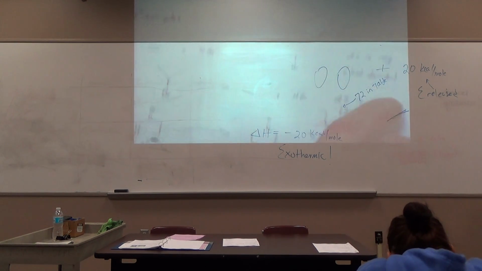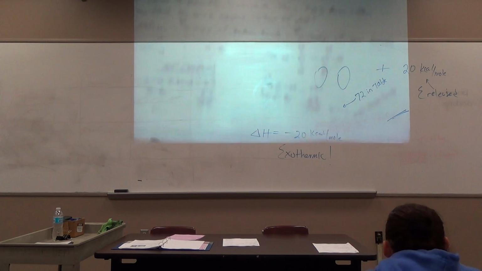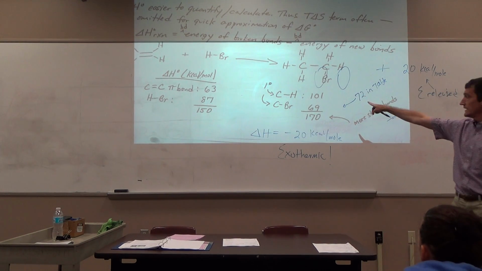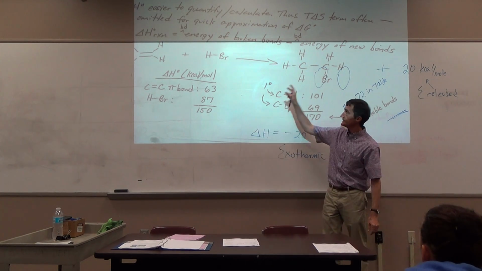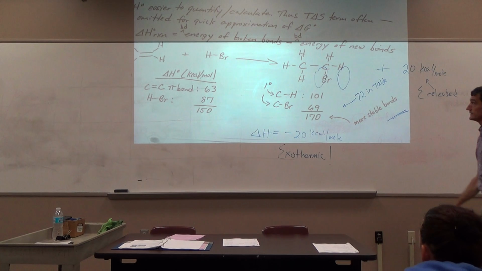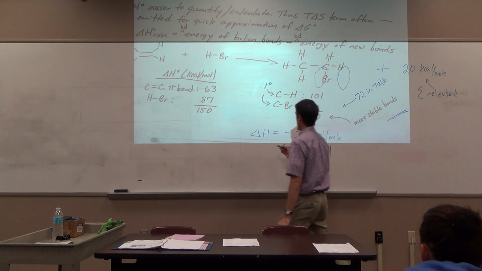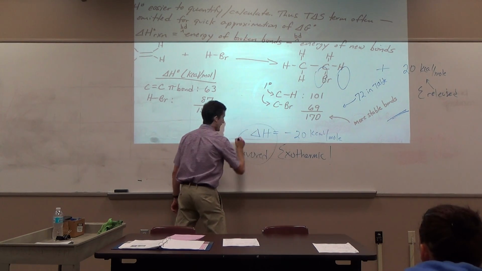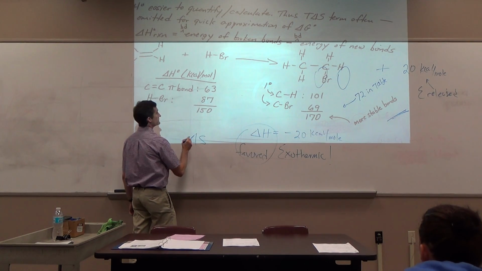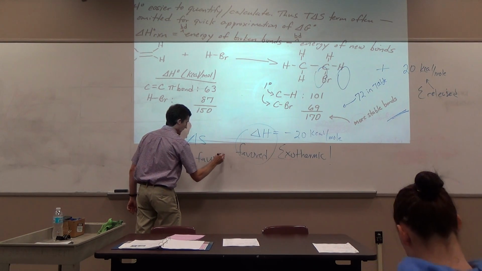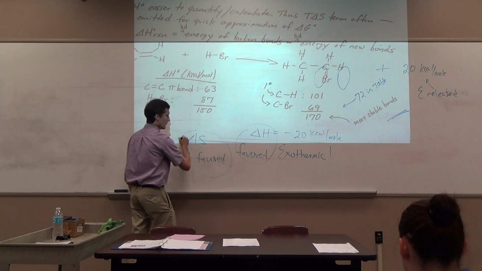So what can we say about this reaction over here? It's favored. That reaction down there is favored by enthalpy. Delta H is favorable here, right? What about delta S? Not favored. Why is it not favored?